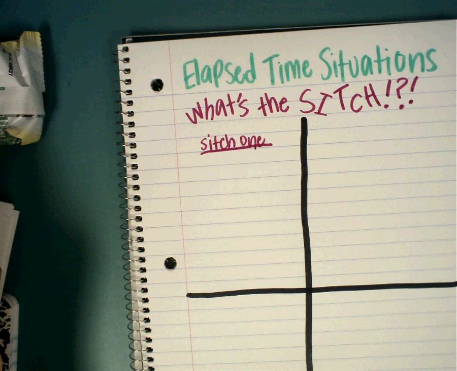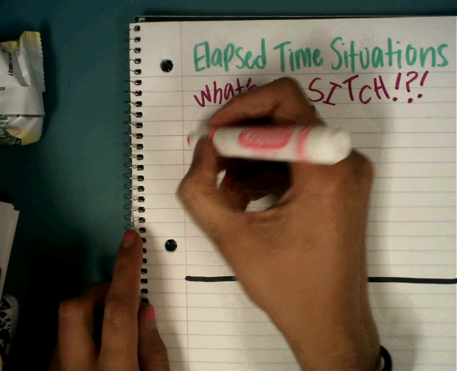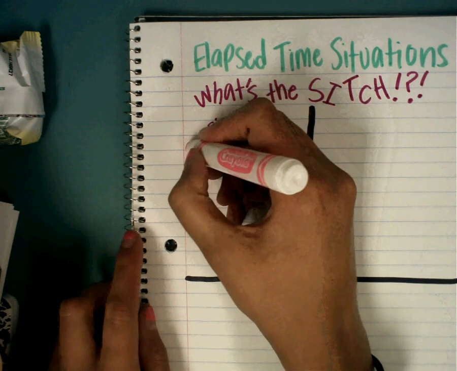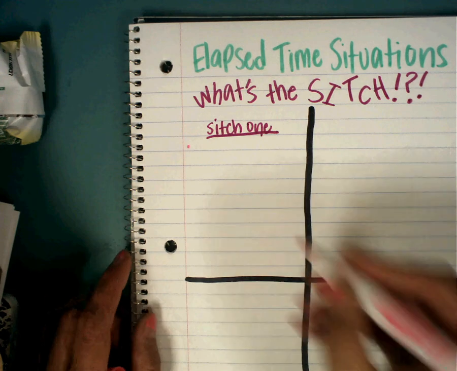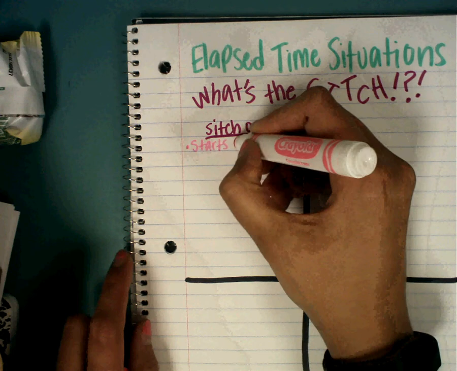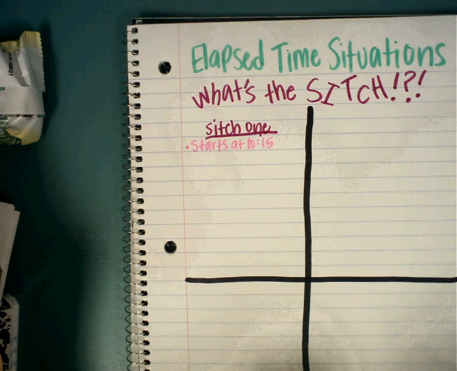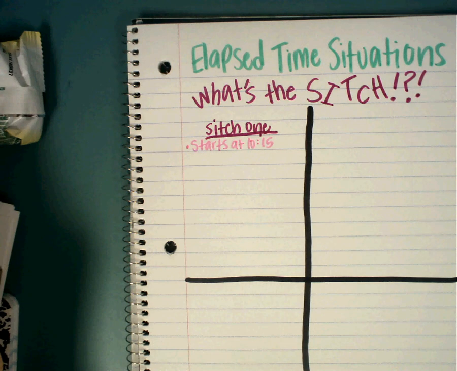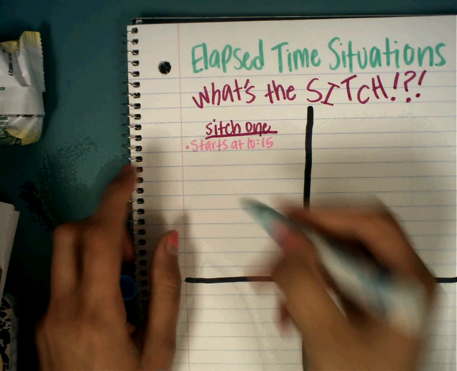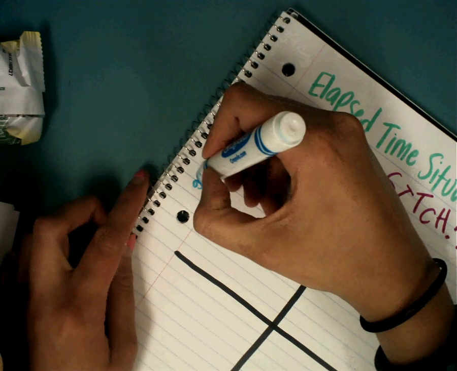So it starts at 10:15. Okay? Which means that we are given the start time. Actually, we'll write this over here. So we are given start time and elapsed time.